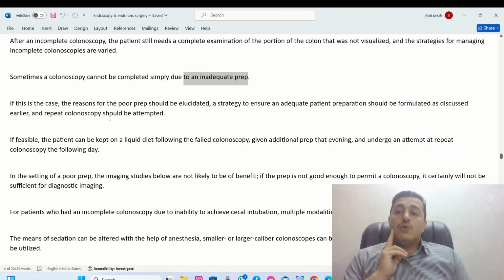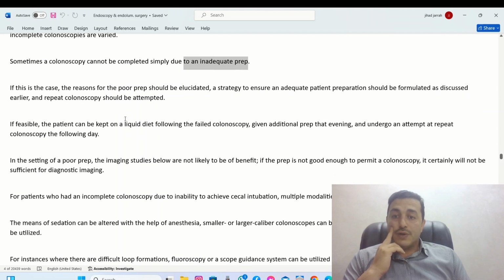If so, one of the strategies is to repeat the colonoscopy the next day because the patient is partially prepared, so we can give him additional bowel preparation and get the benefit of the previous partial preparation.